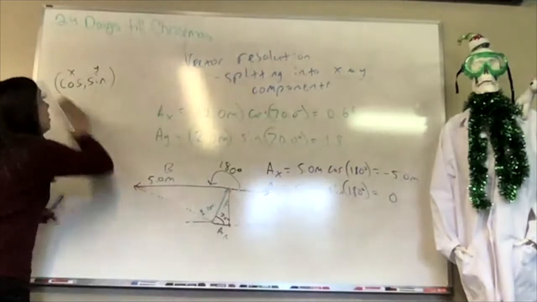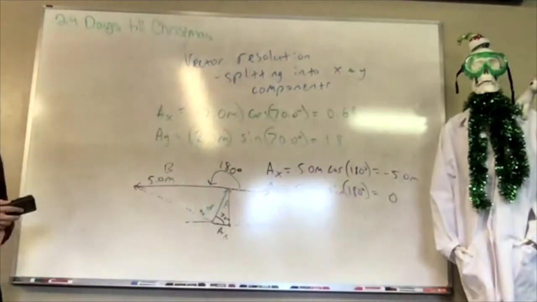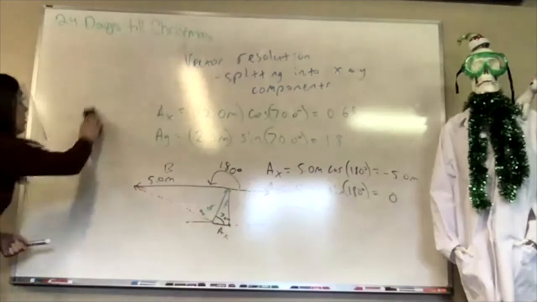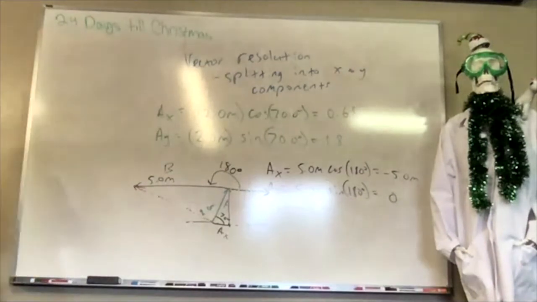Are there any functions we should memorize? Because I know that in geometry you memorize the special right triangles. Are there any really commonly used sine and cosine values? Not in this class.